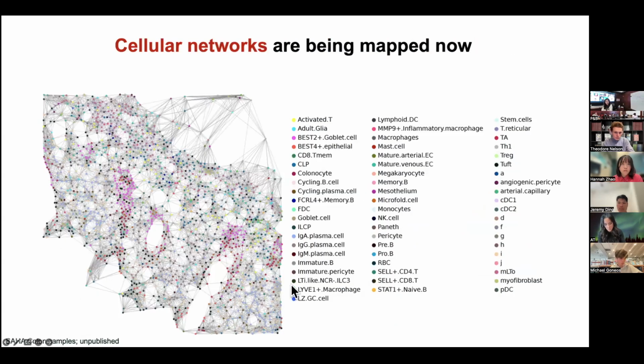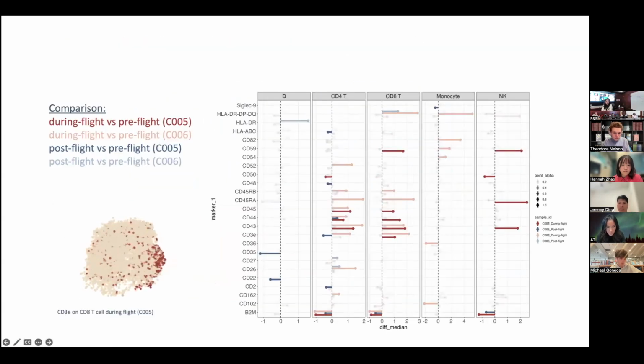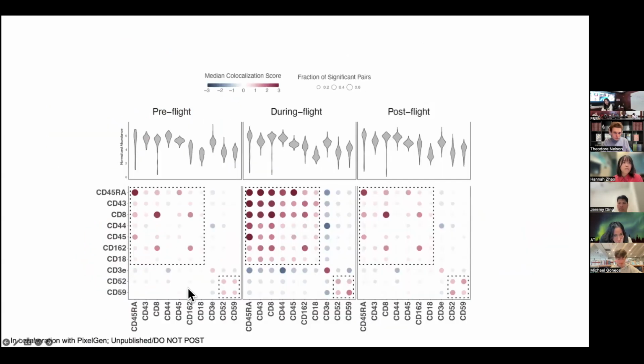We are also building different network structures that let us ask questions like never before, all the way down to the subcellular level, looking at how proteins correlate and co-localize within the cell. Here we're finding very specific co-localization patterns only during flight in our space-flown PBMCs.